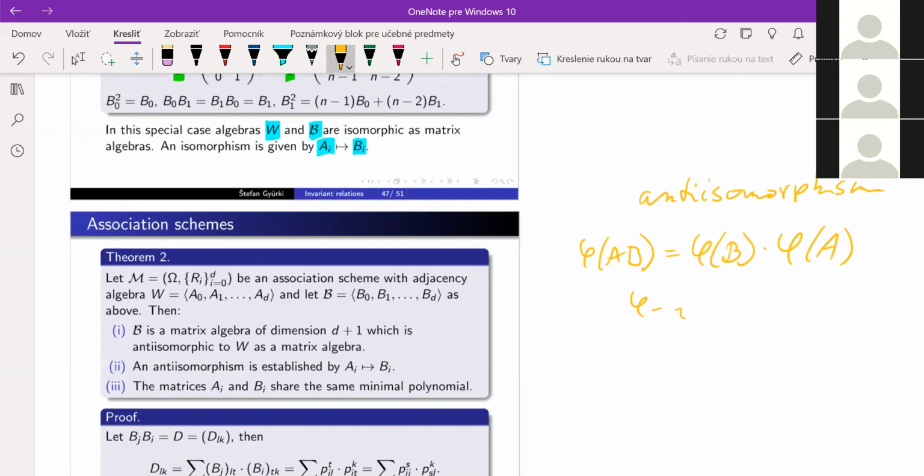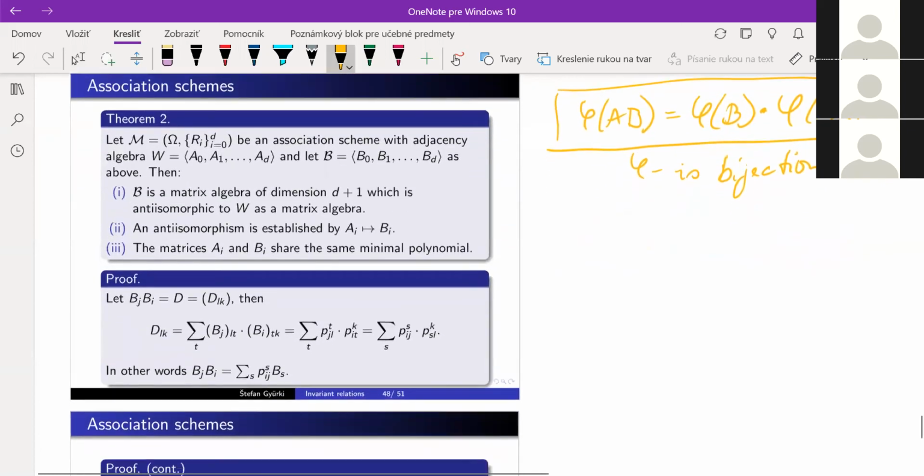So phi is bijective, and for each A, B this holds. Of course, if the algebra is commutative, then you can switch these and you are obtaining an isomorphism. That was the reason that in the previous example we had the isomorphism.